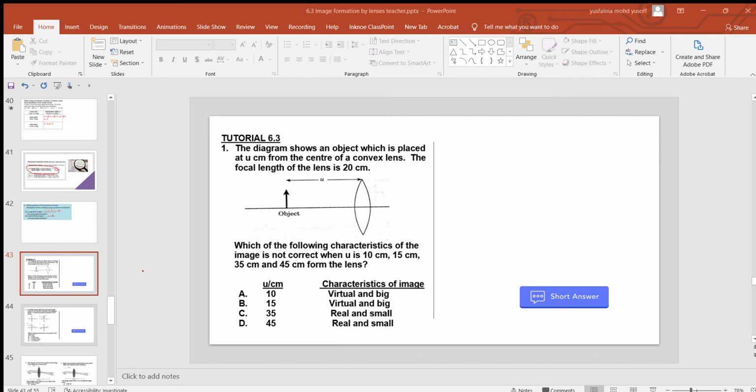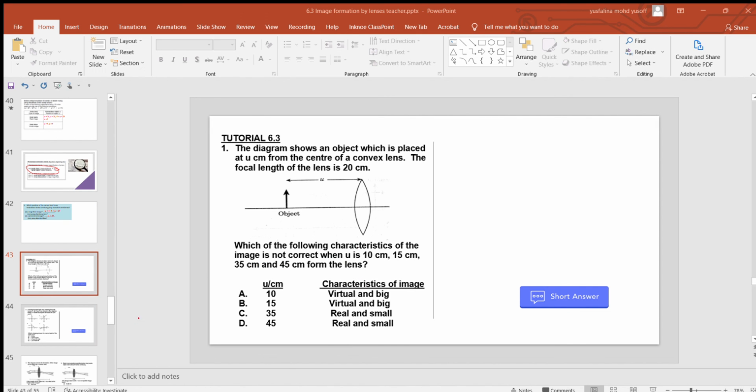For u, the object distance, if the object is a real object, u will be a positive value. If it is negative, it means that the object is virtual. Usually in exams the object is real, not virtual. So this is the sign for u, real or virtual object.